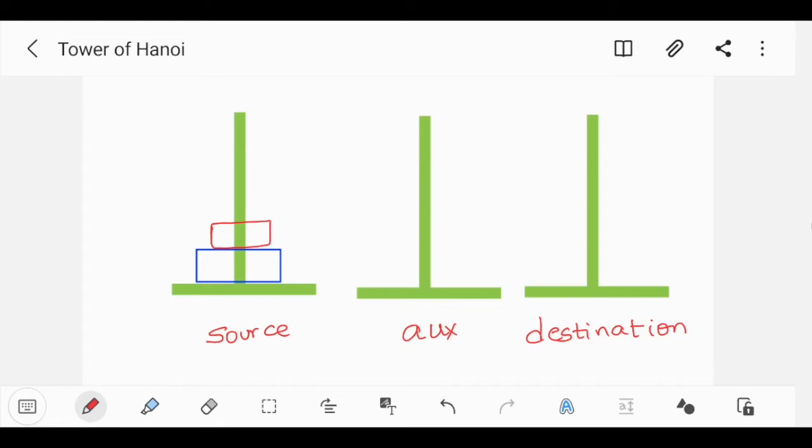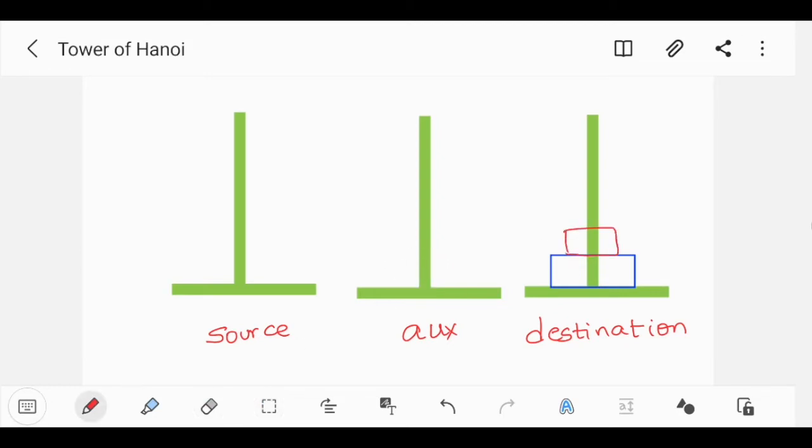So I will take out the smaller disc and place it on the auxiliary peg, a temporary peg to hold the disc, and I will move the bigger one to the destination. And the smaller red one, which was on the auxiliary, will now move to the destination.